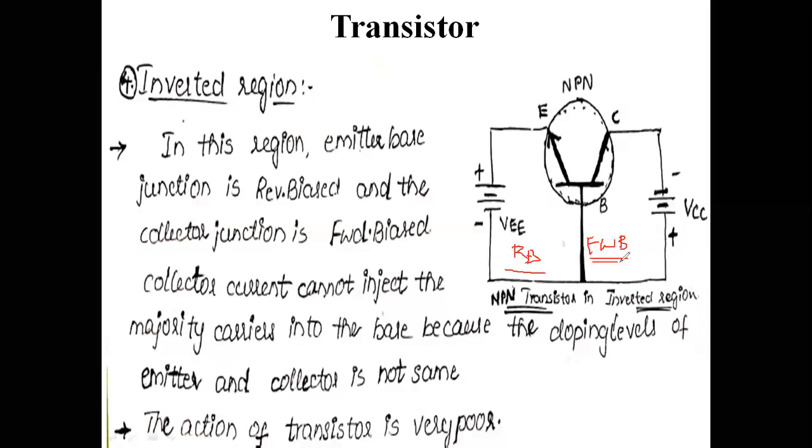I can treat this mode of operation as the inverted active region. Under normal conditions we call it the active region, but since this is reversed we call it the inverted active region. In this region the emitter base junction is reverse biased, and the collector base junction is forward biased.